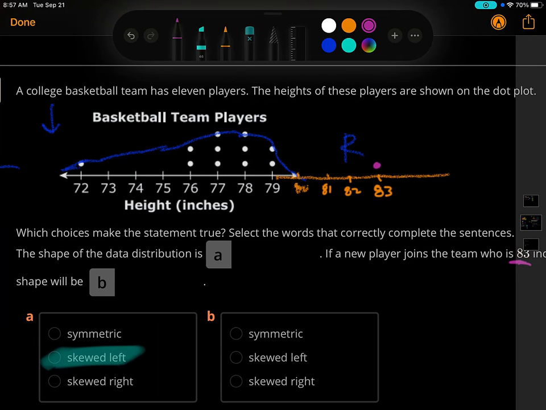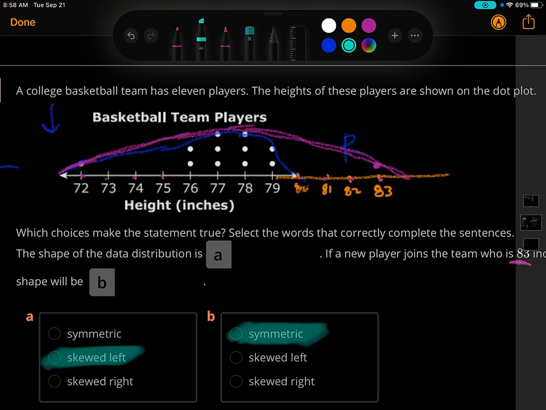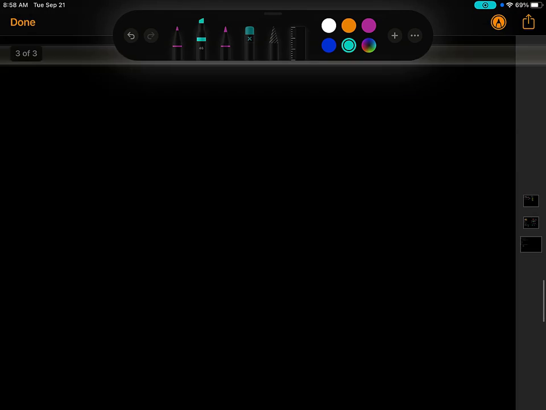Okay, so I recognize that it's 1, 2, 3, 4 away. 1, 2, 3, 4 away. So this new one with the pink dot now, the pink distribution that I just drew, that one looks what? Symmetrical. Symmetrical is your answer if you have that person. All right.